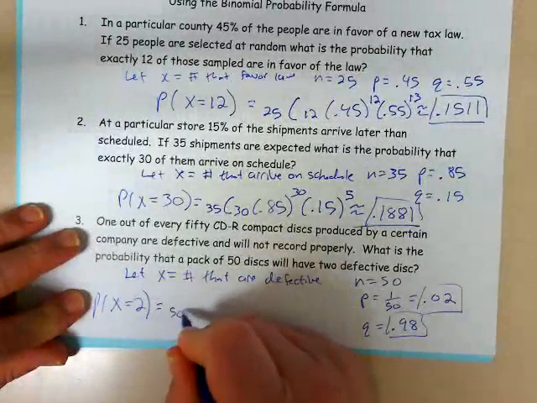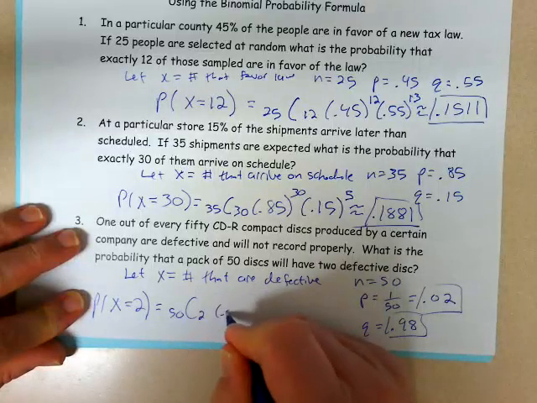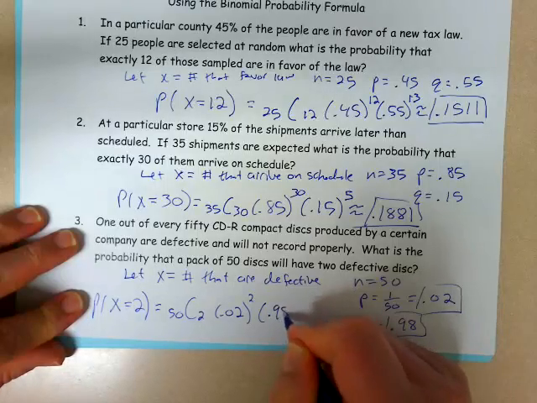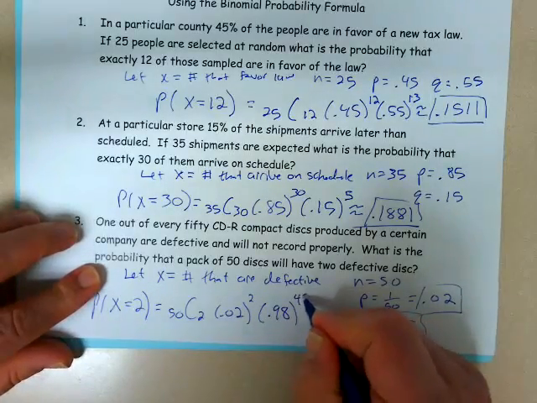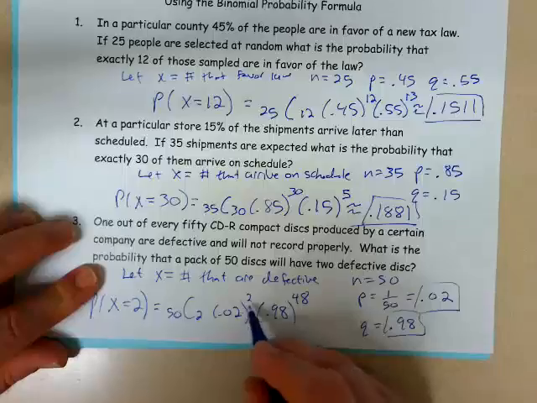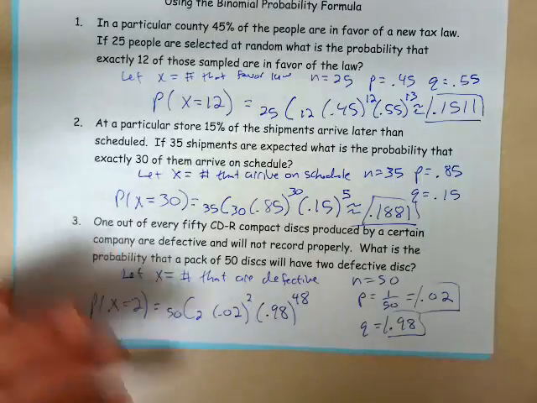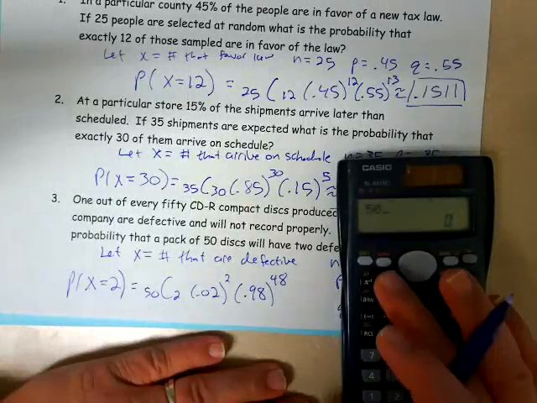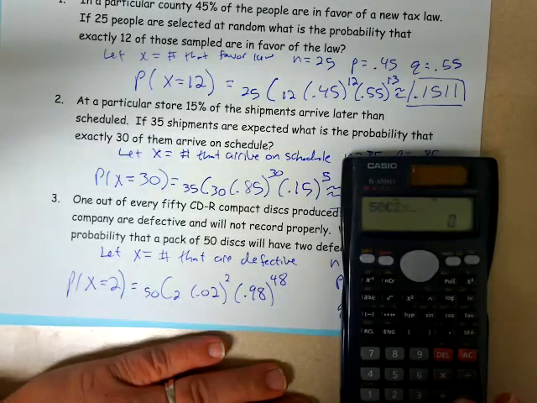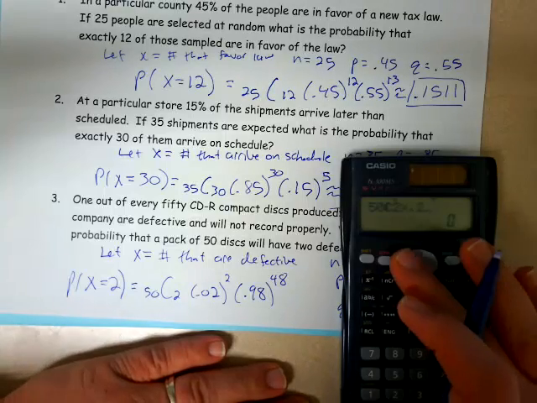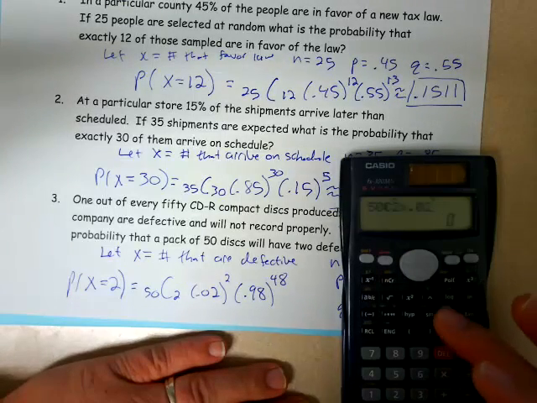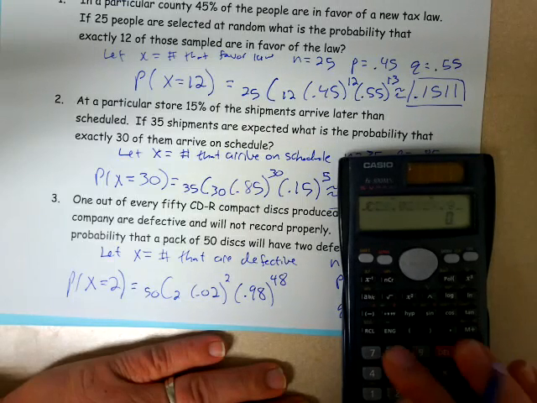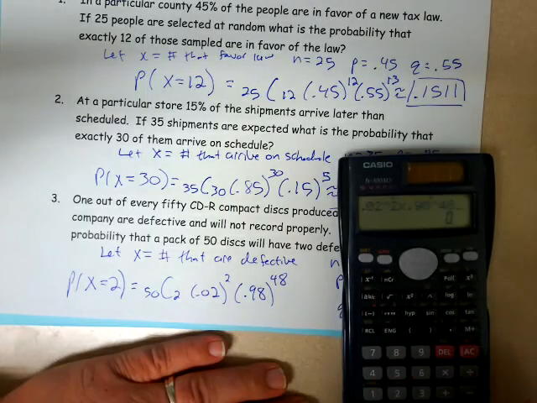Now, out of 50, we're going to choose 2 to be defective. The probability it's defective raised to the number of defective. The probability it's not defective raised to the number that are not defective, which is, if I want 2 successes, 48 failures. So 50 choose 2 times 0.02 raised to the second times 0.98 raised to the 48.